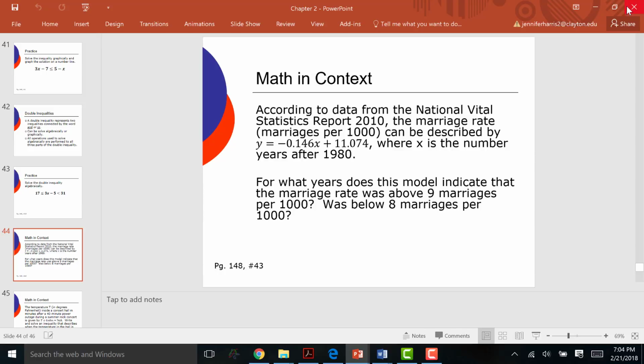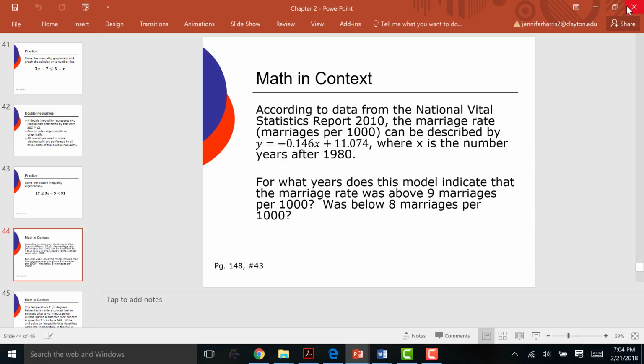Alrighty, let's work on the other side. Now we want to know when the marriage rate is less than 8. So over here I subtract 11.074 from both sides. That cancels out, and I end up with negative 0.146x is less than negative 3.074. Y'all check my math.